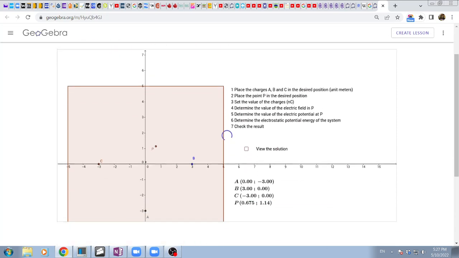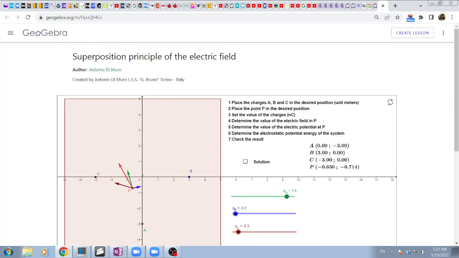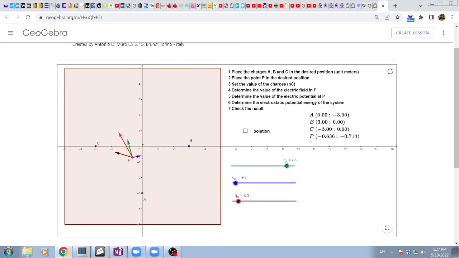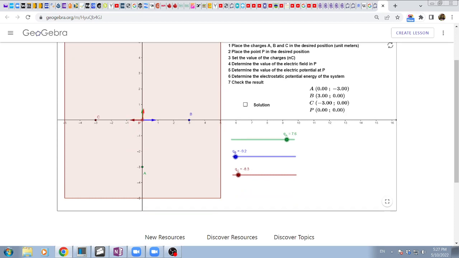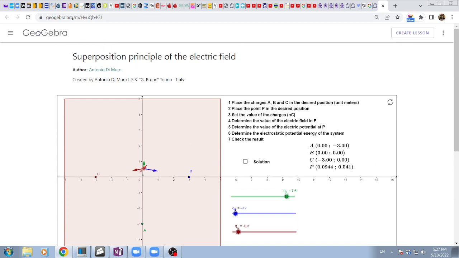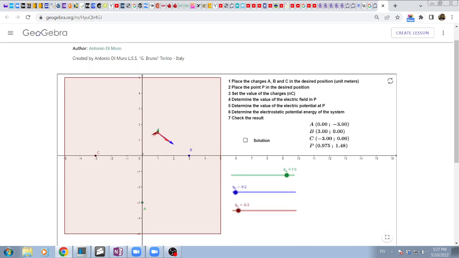I also put some simulation for you. This is courtesy of all those guys doing this brilliant work on the internet. Antonio de Muro made this simulation here. You can play with two or three charged particles, my friends, and you can actually see what is going to happen with the electric field.